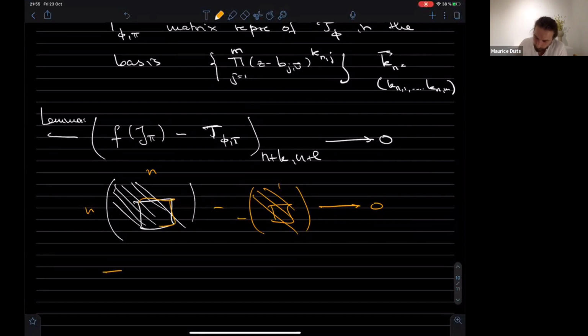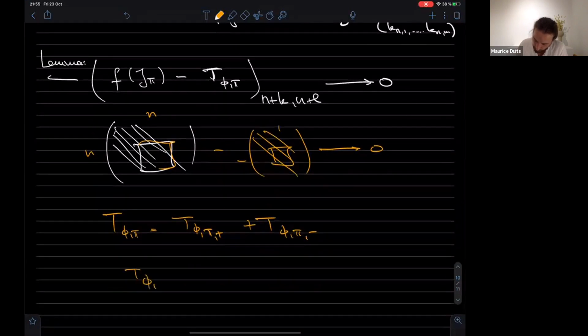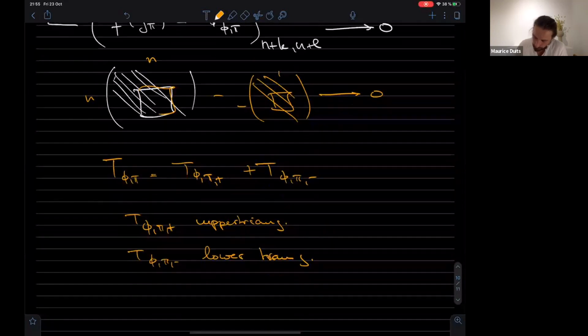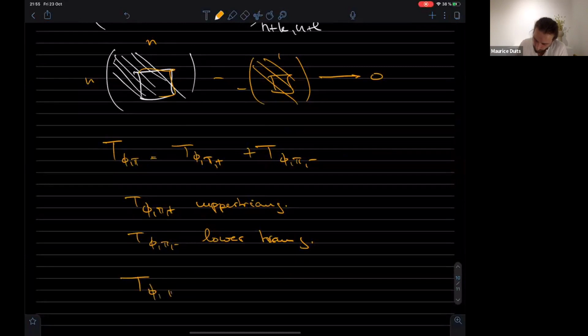So we could write T phi P as T phi P plus and T phi P minus, such that T phi P plus is upper triangular and T phi P minus is lower triangular, and the commutator of T phi P plus with T phi P minus is trace class.